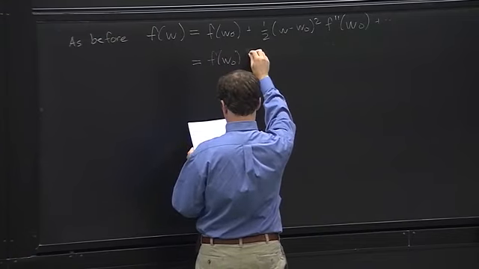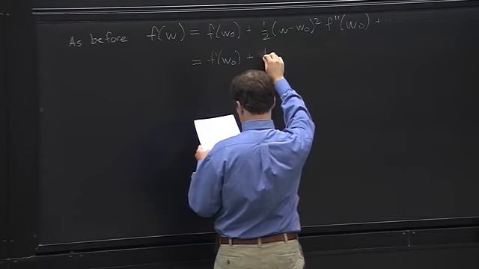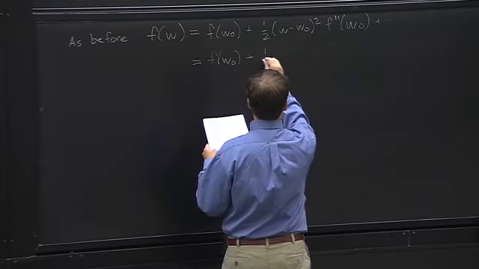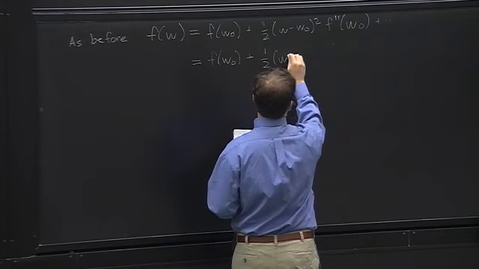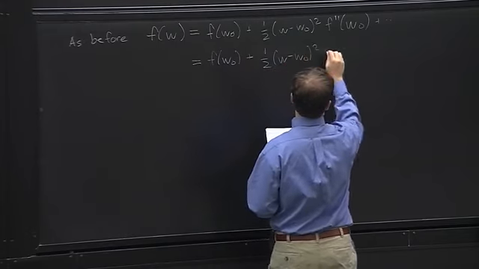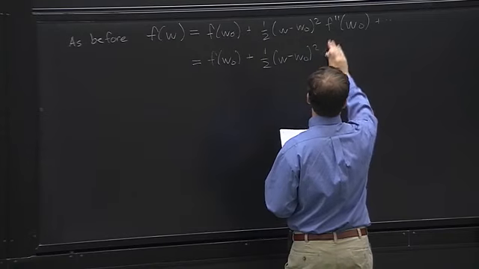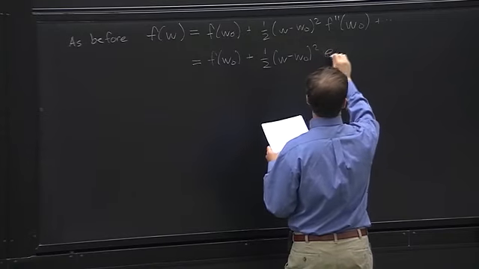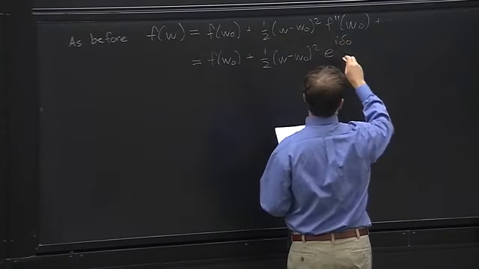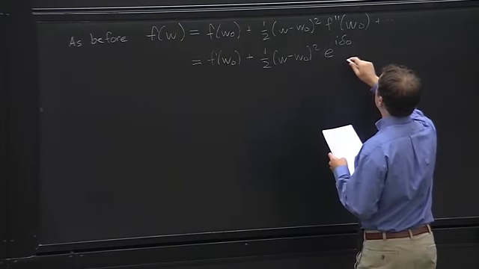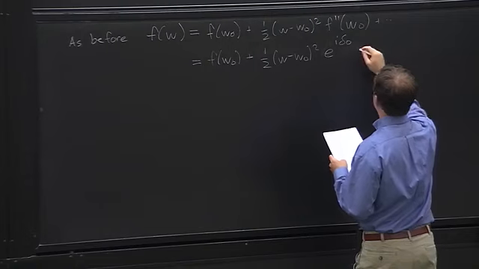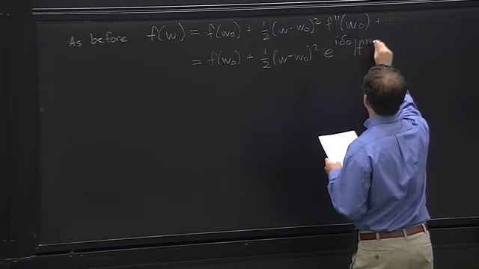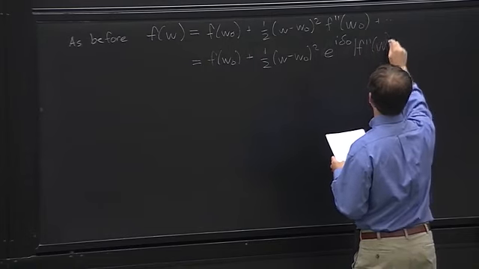So we can write this as 1/2 (w minus w naught) squared times f double prime. Let's call delta the phase of f double prime, and write this as the magnitude of f double prime.